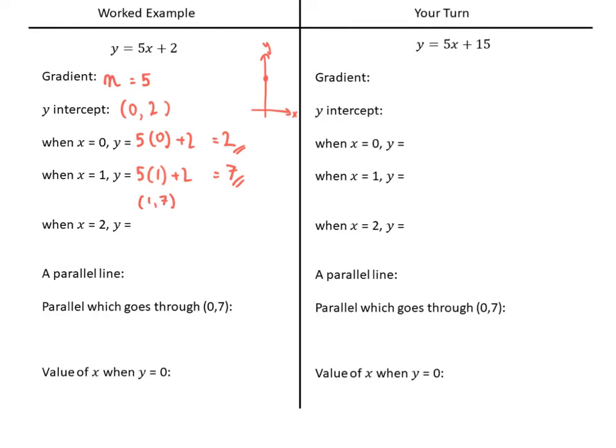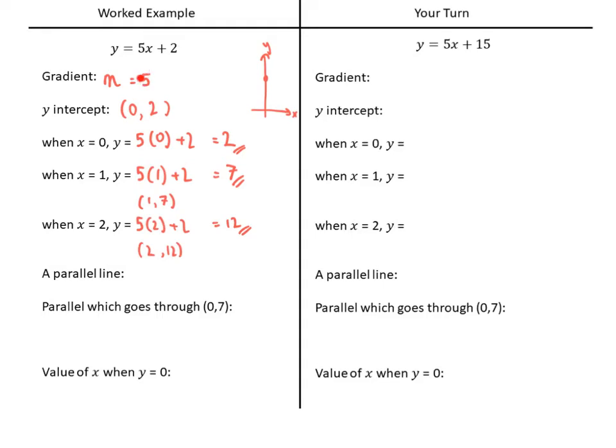When x equals 2, y equals, well, same deal. We take our equation and we plug 2 in where we had x. 5 2s are 10, plus 2 is 12. That would give us 2, 12 as another coordinate.